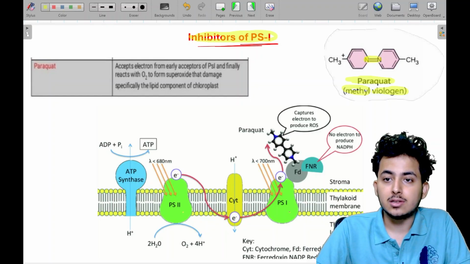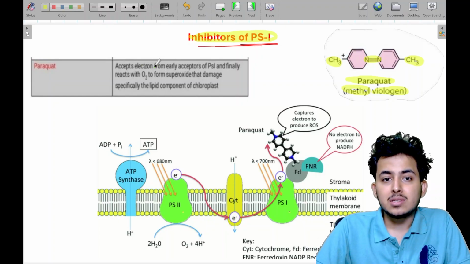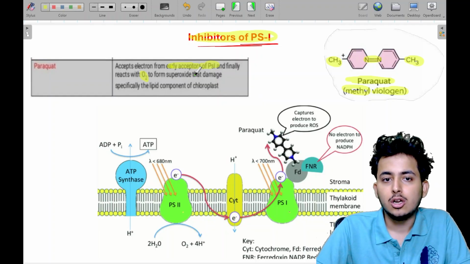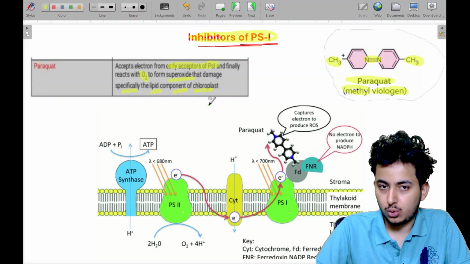It has a N double bond N linkage followed by the ring, and there are two methyl groups present. This compound accepts electrons from early acceptors of PS1, and finally reacts with oxygen to form superoxide that damages specifically the lipid component of the chloroplast.